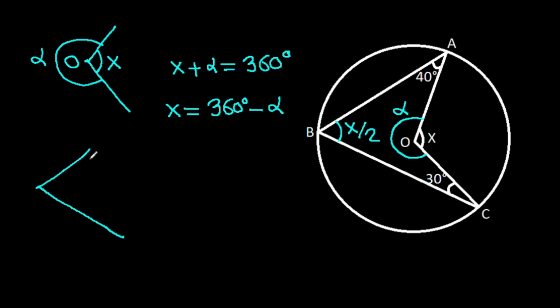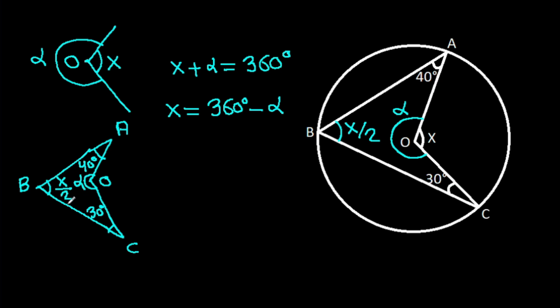In ABCO, this angle is 40 degrees, this angle is 30 degrees, this angle is x over 2, and this angle is alpha.